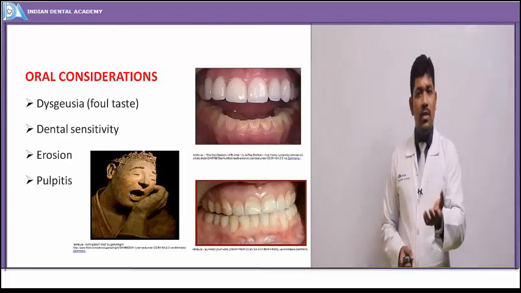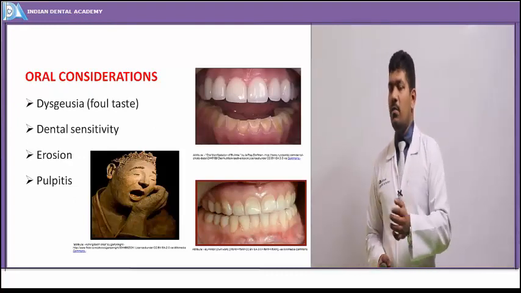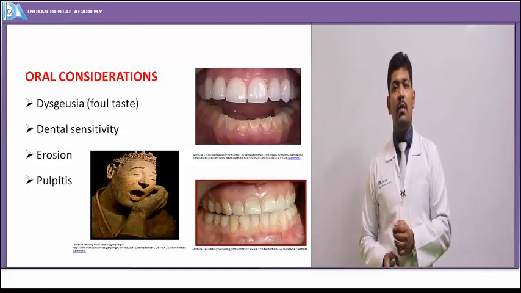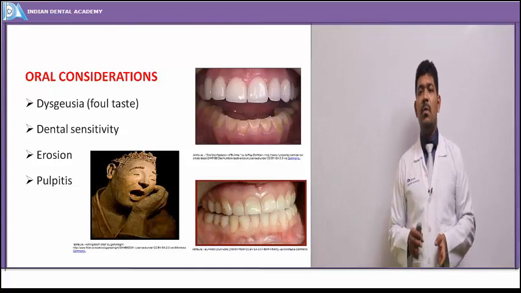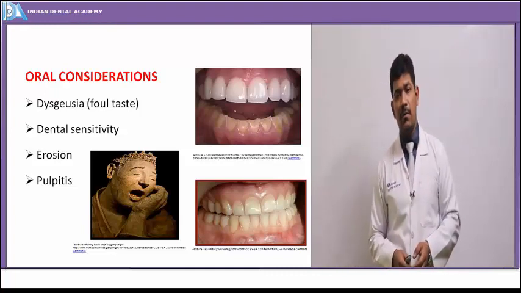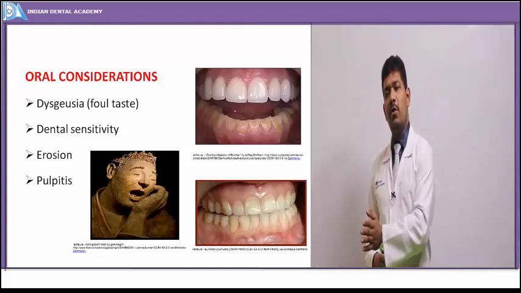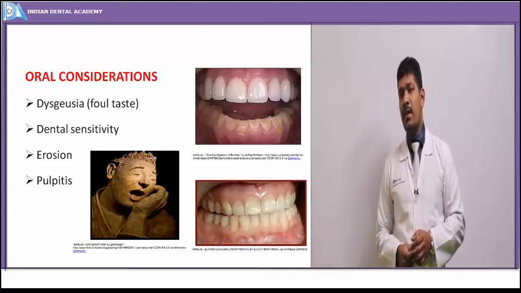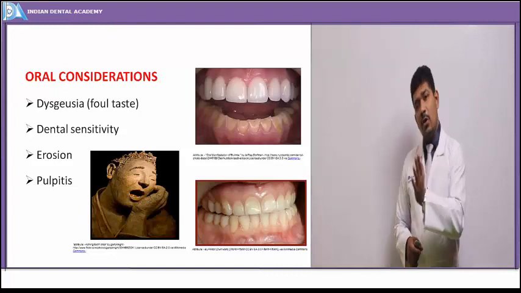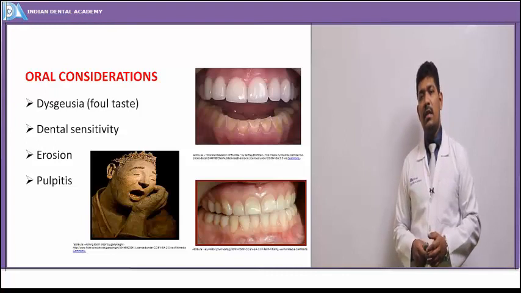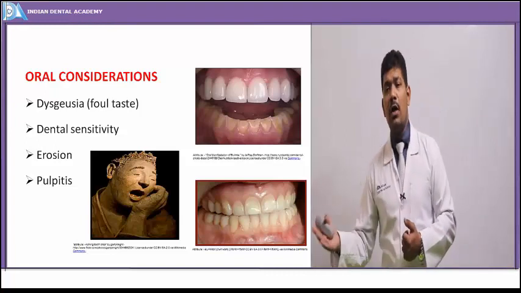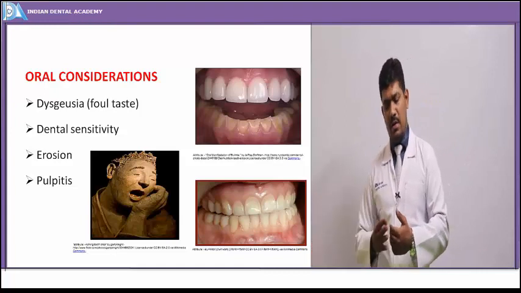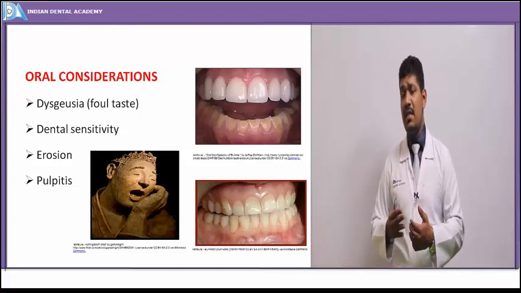We all know that because of this partially digested food being exposed to the oral environment, the oral microorganisms, there may be partial or full degradation of this particular food, which results in a foul taste, also called dysgeusia. Because of the erosion capability of this acid, the enamel and the dentin generally erode away over a long period of time, since it is chronic in nature.